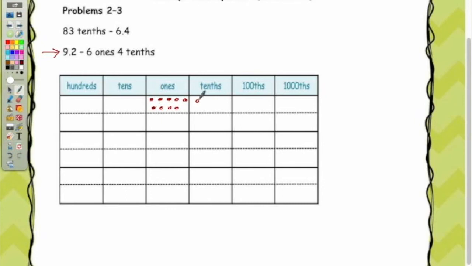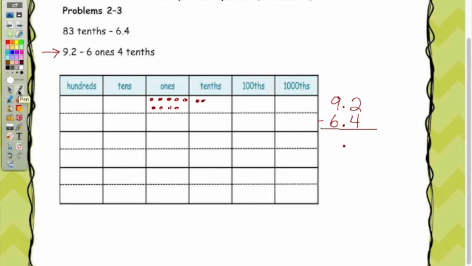And 2 tenths. And then write that down and line up your decimals. Okay, and what am I subtracting? 6 ones and 4 tenths.